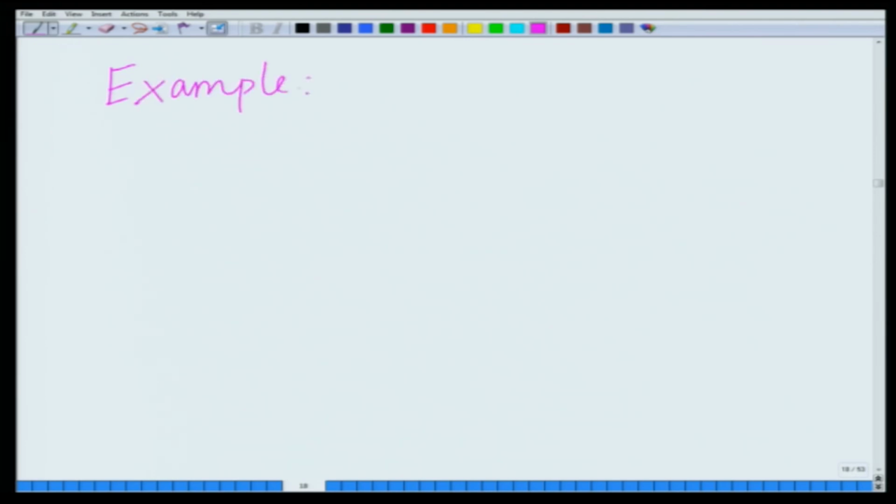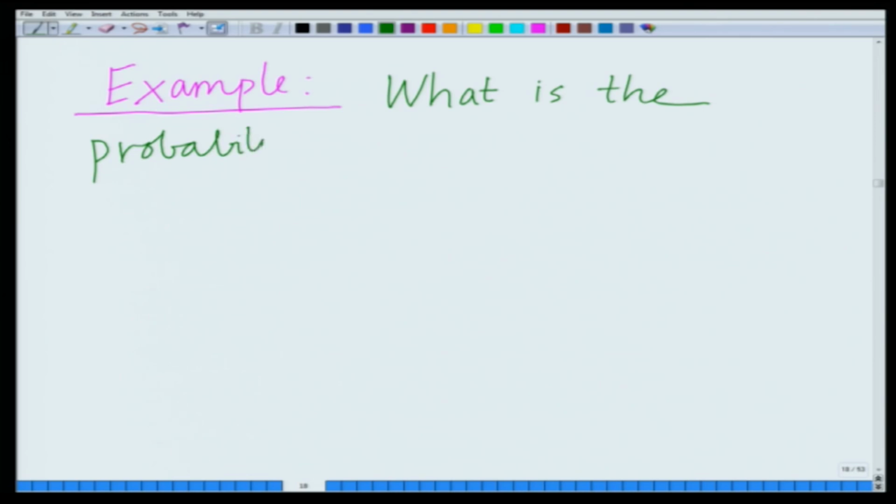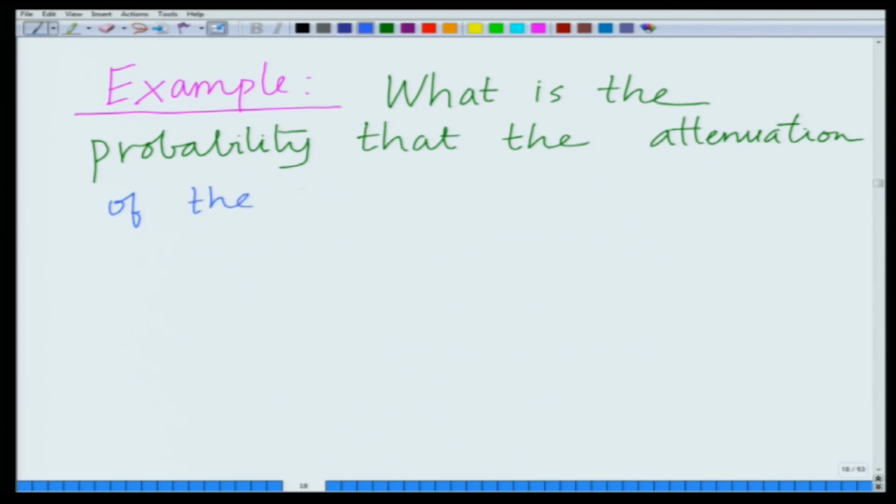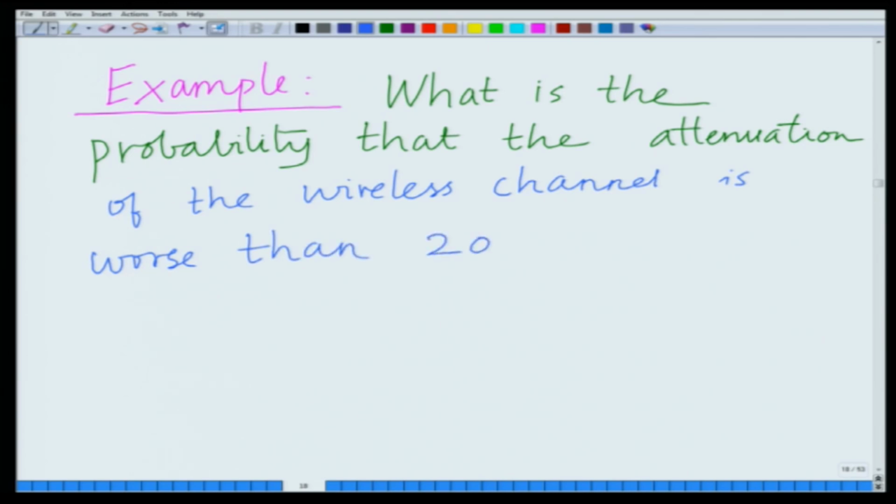Let us consider this Rayleigh fading wireless scenario that we are considering so far, and let us ask the question: what is the probability that the signal attenuation of the wireless channel is worse than 20 dB?